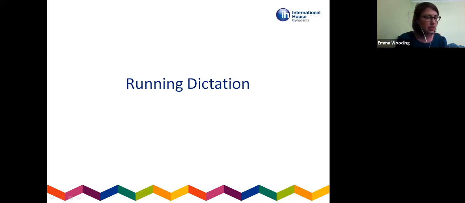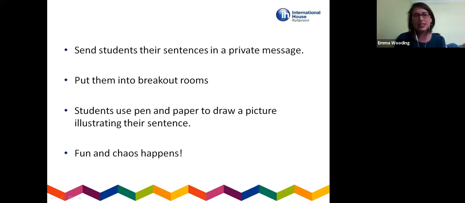I have adapted this to the online classroom fairly successfully by sending the students a sentence or several sentences in a private message in the chat box. We've been working on Zoom, so I'm not sure how this would necessarily work with different platforms.